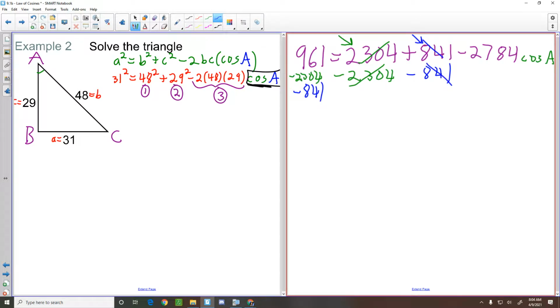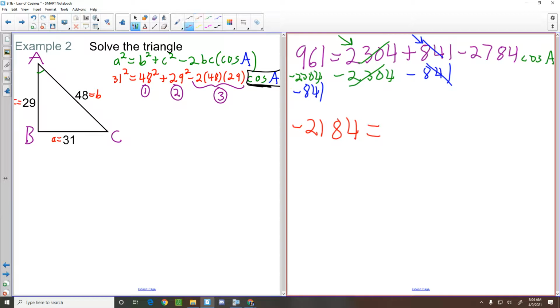So let's see what our equation simplifies to at this point. We had 961 minus 2,304 minus 841. And our left side now is going to be negative 2,184.